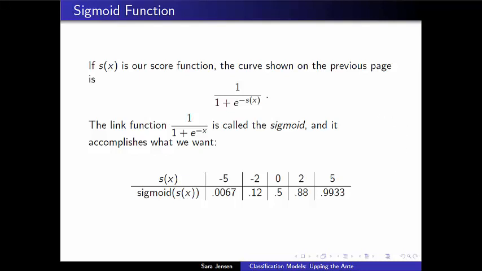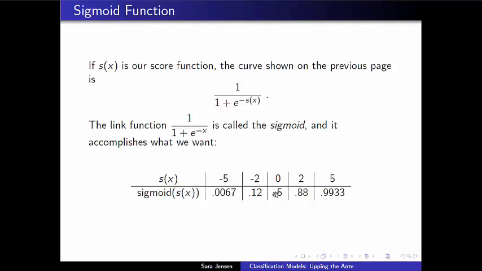So what I've shown down here is a table of a handful of values that were in there, just so that you can see that this sigmoid function accomplishes what we want it to do. As we saw in the picture, it really is true that if you put 0 in for the score of something, the output that you get is 1/2, or a 50-50 chance of that being a positive review or a negative review. We just don't know at that point.